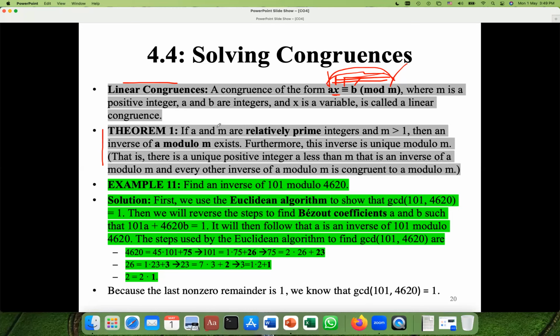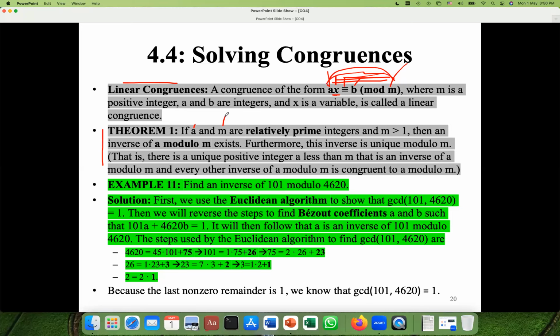Anyhow, keep it as is. If A and M are relatively prime, then an inverse of A modulo M exists. Or you can simply say that then inverse exists.